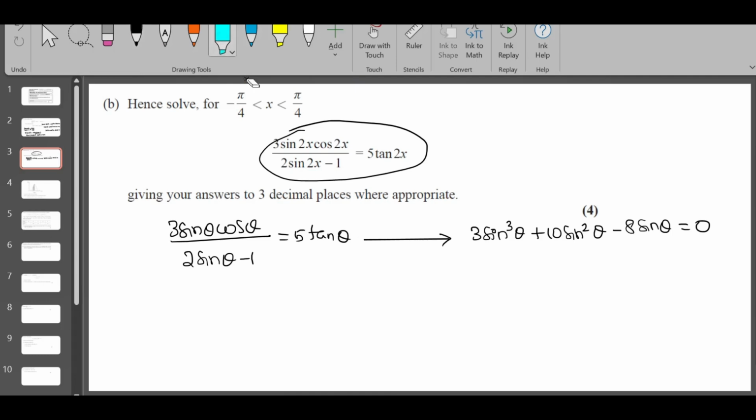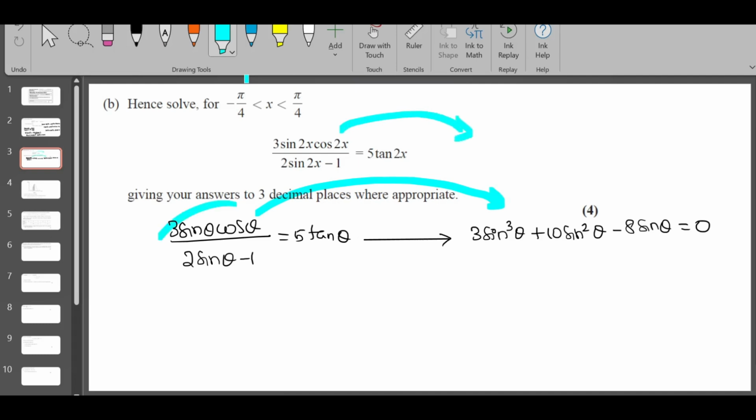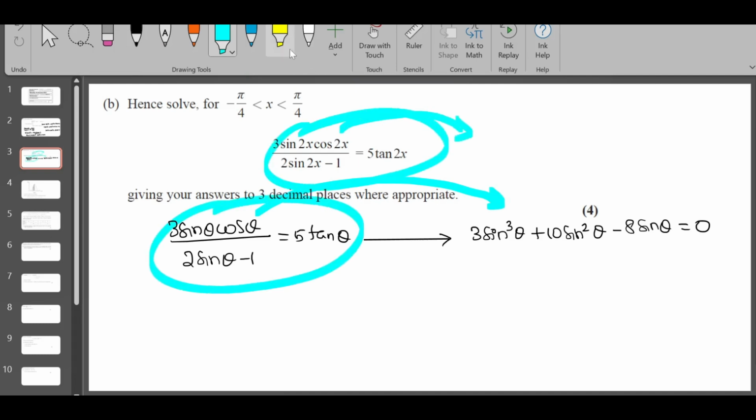So how do you rewrite this equation? Because these two are the same, right? The only difference is that in the place of theta we have 2x. So here also in the place of theta you need to put 2x.